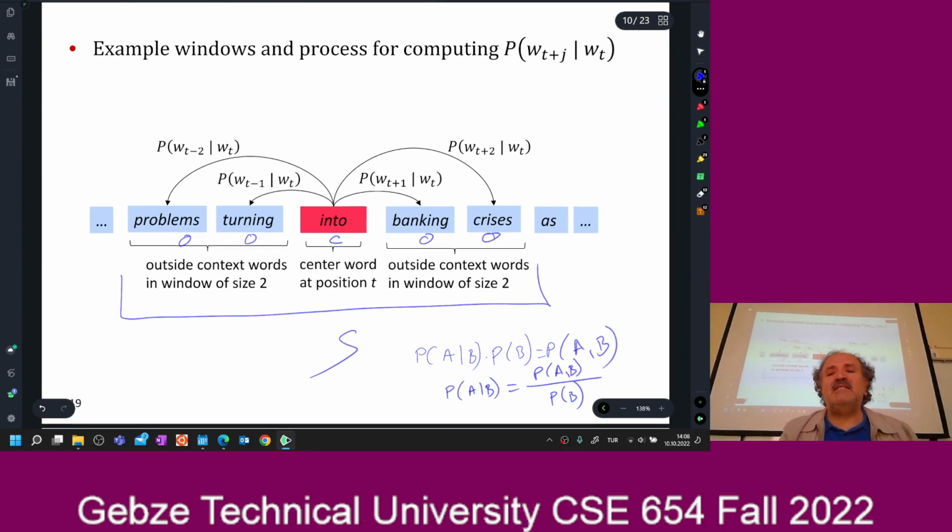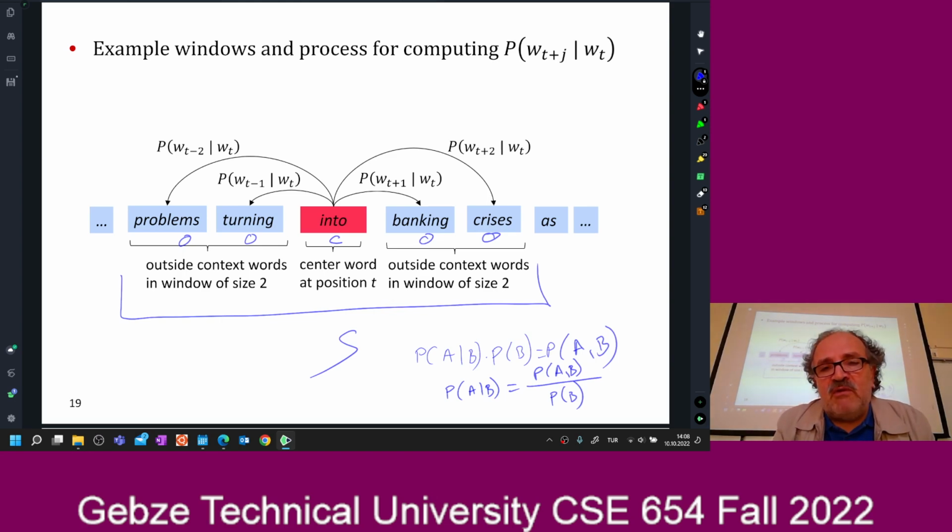What I'm saying here is that however you are calculating it, I just gave you one way of doing it: one way of calculating this probability using maximum likelihood estimation. But probability doesn't have to be calculated that way.